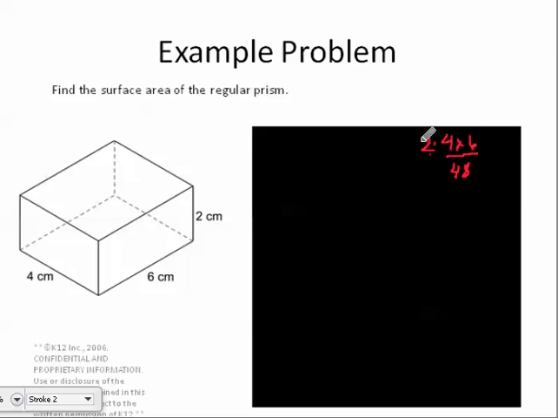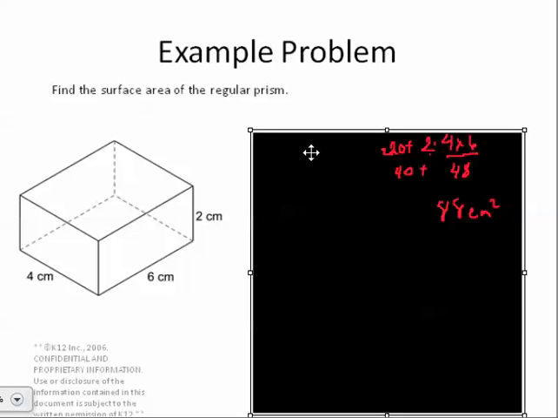And I'm going to add to that the perimeter of the base, which is 20 times the height, 2. That's going to give me a 40. So I'm going to add 40 and 48, and I'm going to get 88 centimeters squared. That would be the area of this rectangular prism.